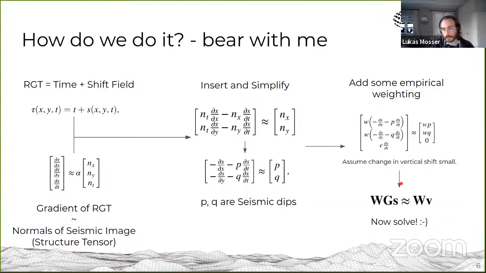And what we really want to end up with is this form where, in addition to reshaping these operators, we also sprinkle in some empirical weighting to measure how important it actually is to constrain to these local vectors. And also we make the assumption that the shifts in the vertical direction should change in a small way, so that we don't have huge shifts or changes in the shifts in the time direction.